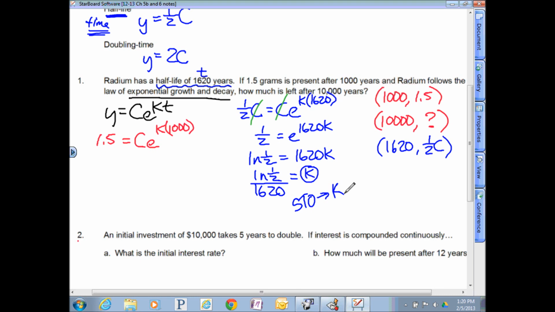So now when I look at solving for my C, let's come back over to this red equation. We now know that this K that I found plays a role. I figured out what K is, and I'm going to use that K button to my advantage, because now the C that I'm solving for is going to be 1.5 divided by e to the 1,000 times that stored K value.